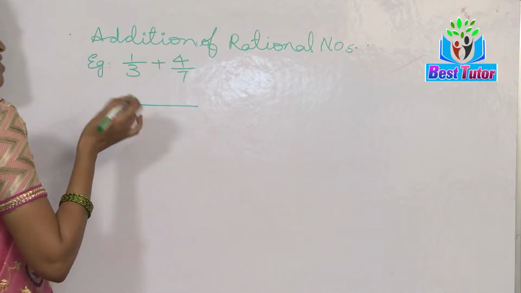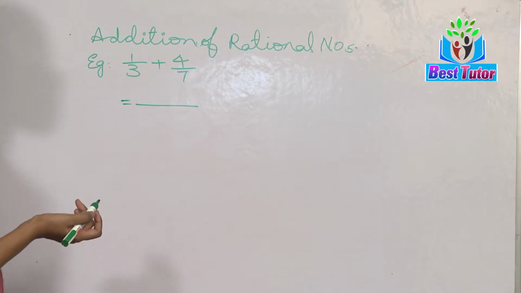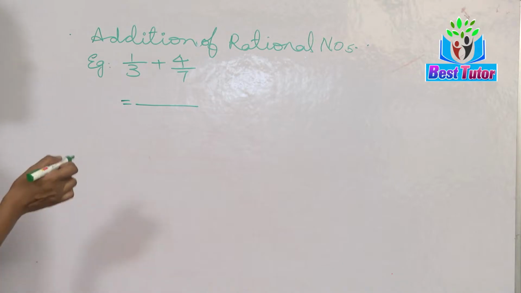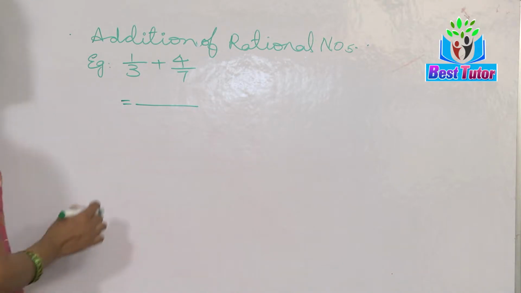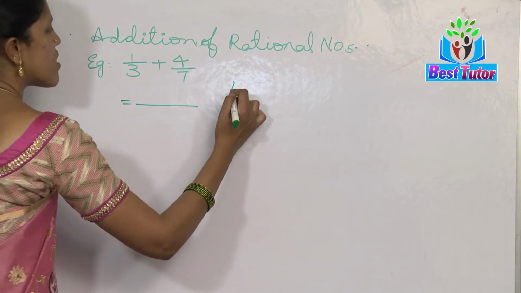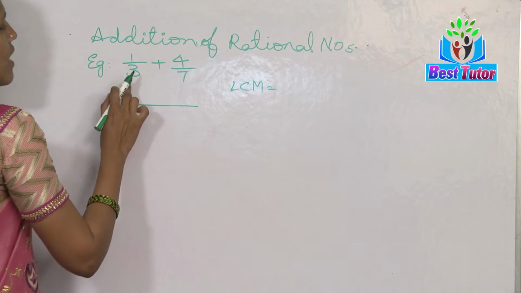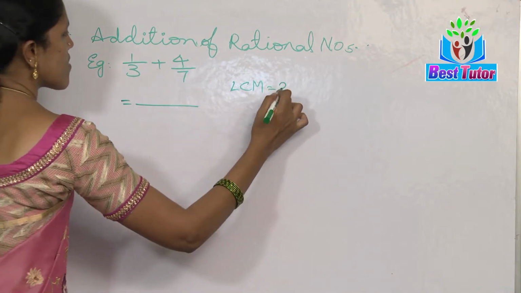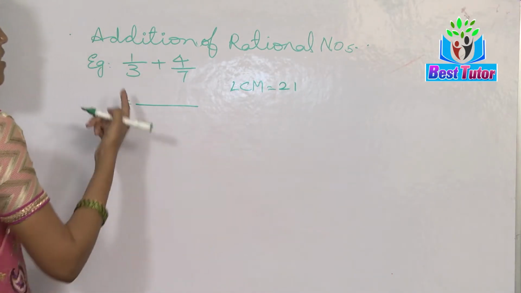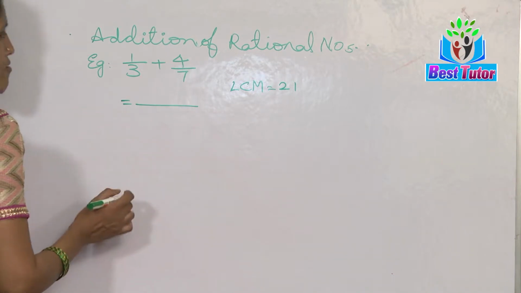As we have seen in the previous class, whenever we have to compare two rational numbers, we convert them into equivalent like fractions. Similarly, when we have to add two rational numbers, we convert them into equivalent like fractions. LCM of 3 and 7 is 21, the reason being 3 and 7 are co-prime numbers, they don't have any common factor.